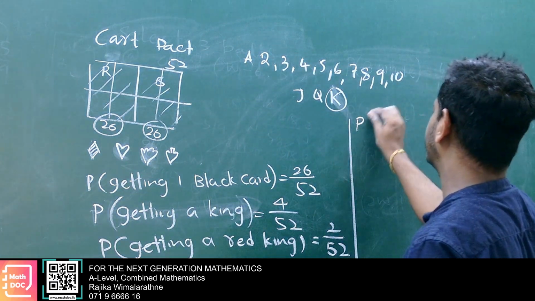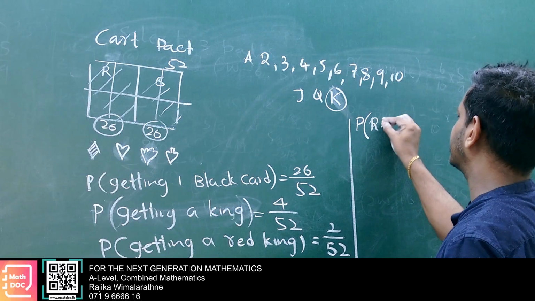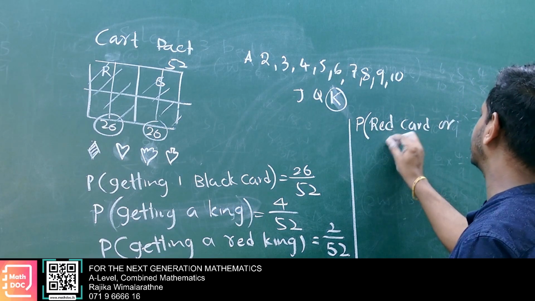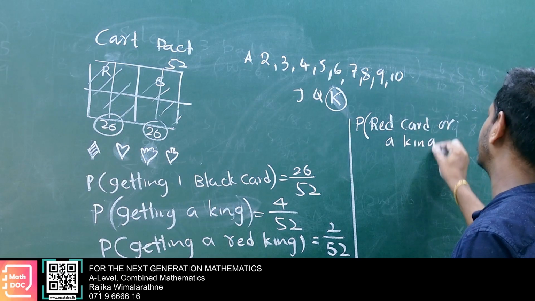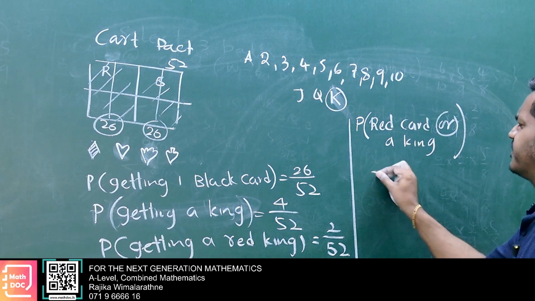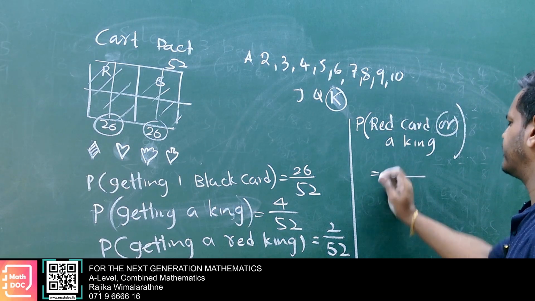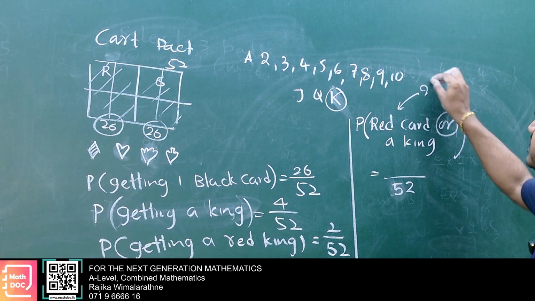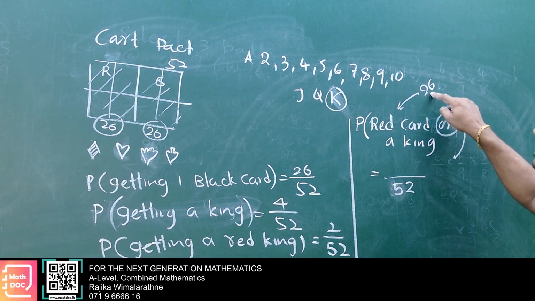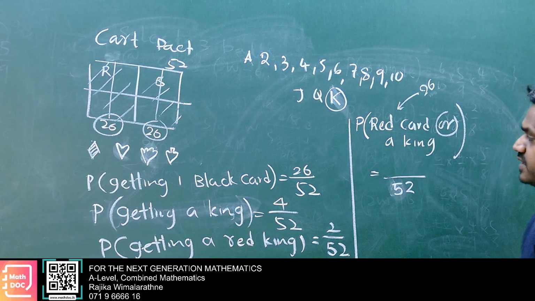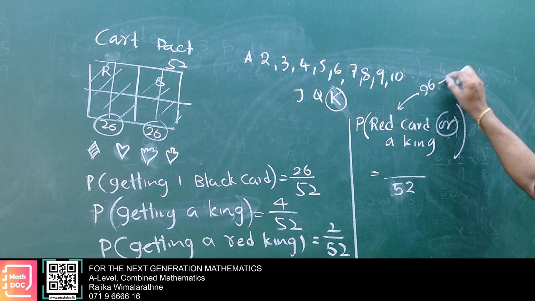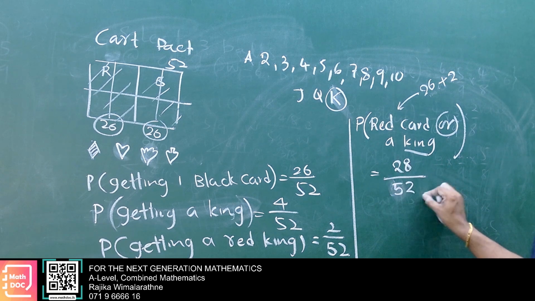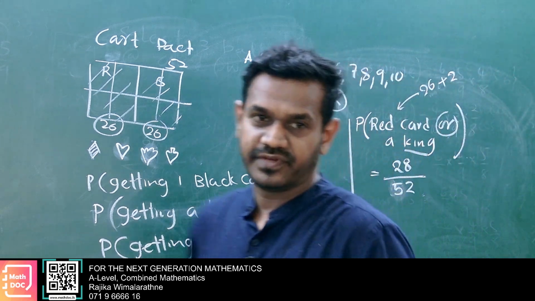P, red card or a king. Then altogether we have 52. We have 26 red cards. So inside that we have 2 kings. Then outside we have another 2 kings. 28 divided by 52, no?